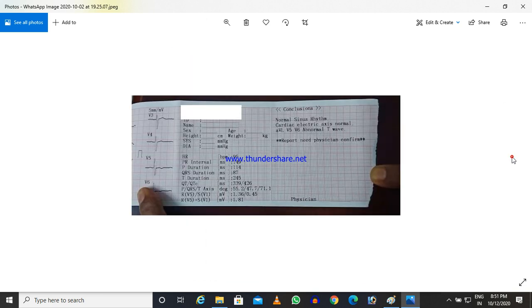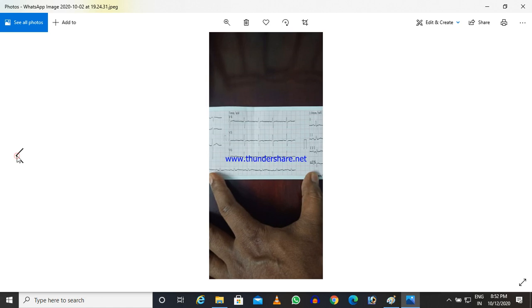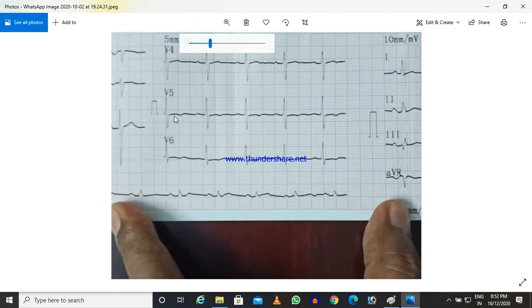Then let us see V5. So you see, in V5 and V6, there is no T wave. It is getting flattened.